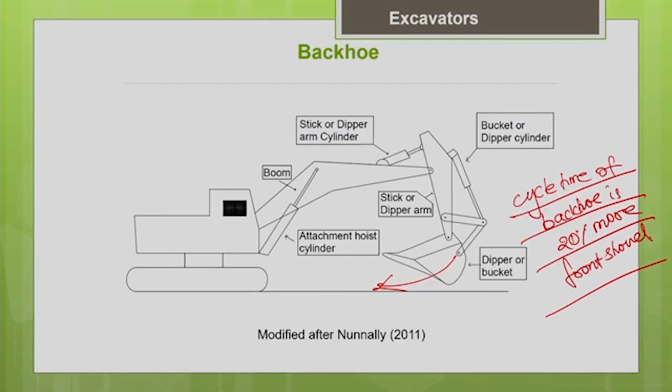One more important thing is, say for example, when you are using this machine for excavating below the ground level, if you are able to place your truck also on the floor of the pit, you construct a ramp and bring your truck or the hauling unit onto the floor of the pit, dumping will be easier. You can reduce the dumping time because the truck is lying below the bucket, standing on the floor of the pit.